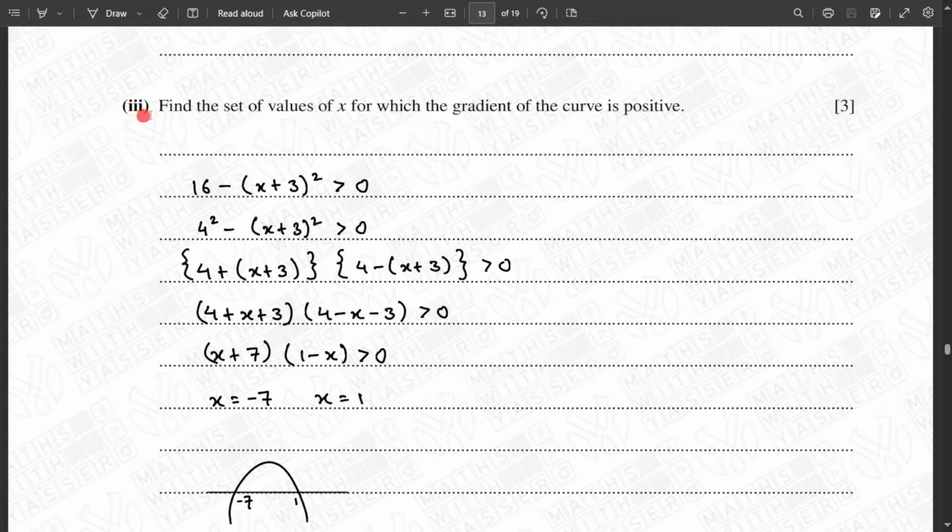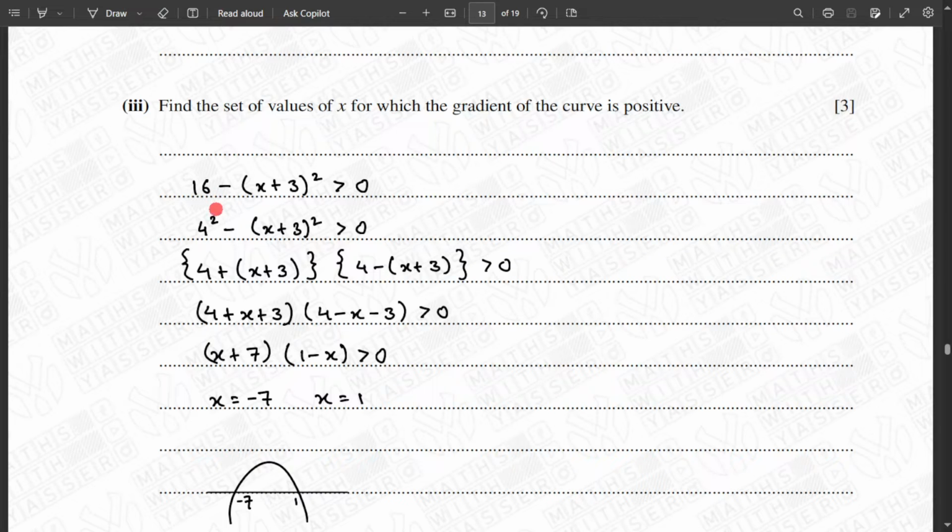In part 3, it says find the set of values of x for which the gradient of the curve is positive. So 16 minus (x plus 3) whole square is greater than 0, because they're stating that we need to find the set of values of x for which the gradient is positive.